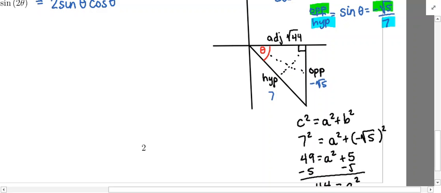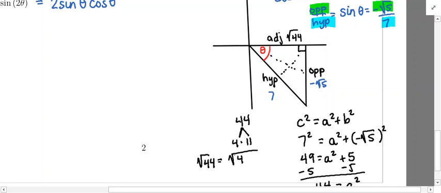Before we go on, I'm going to go ahead and simplify that. 44 breaks down into 4 times 11. Let me do it this way.